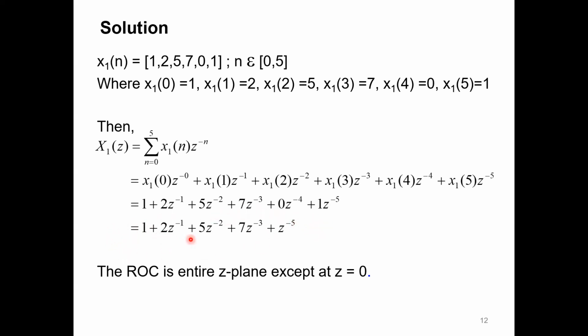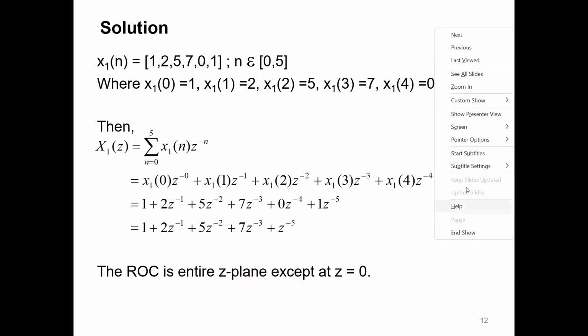Z is a complex number, right? Complex or real, it doesn't matter. It gives you a finite value for any Z except 0. So you write it like that. The region of convergence of this Z transform is the entire Z plane. Z plane is a complex plane, similar to S plane.